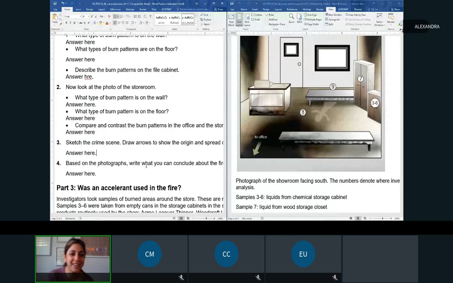Great. But write it down, and go ahead and finish up answering those questions for part 2 and what you conclude about the fire. You can even take in Elena's suggestion as to what happened, right? Great points.